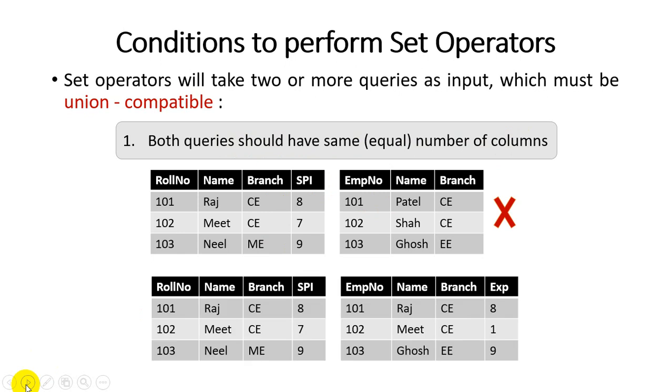Second example, let's see two different tables. In both tables you can easily see that four attributes are available. So we can easily say that it is union compatible because the column numbers are the same in both relations.